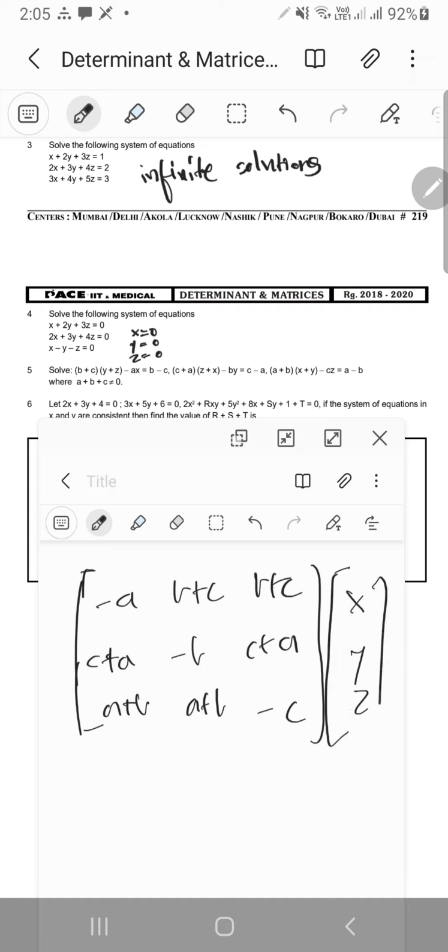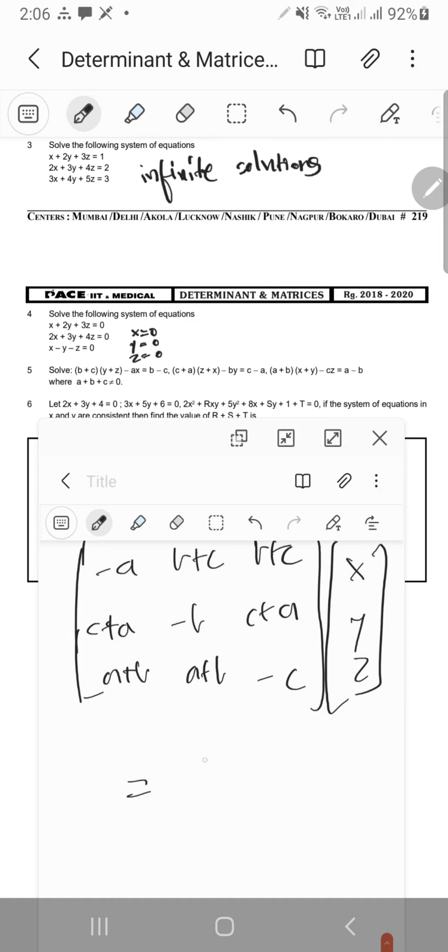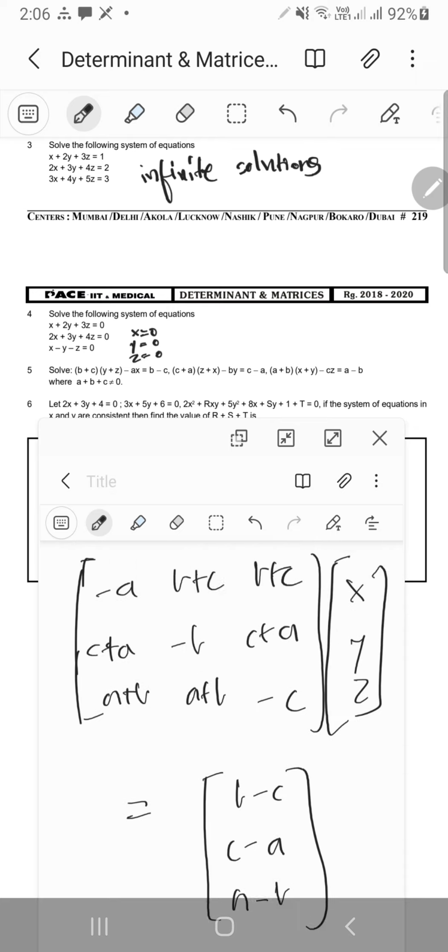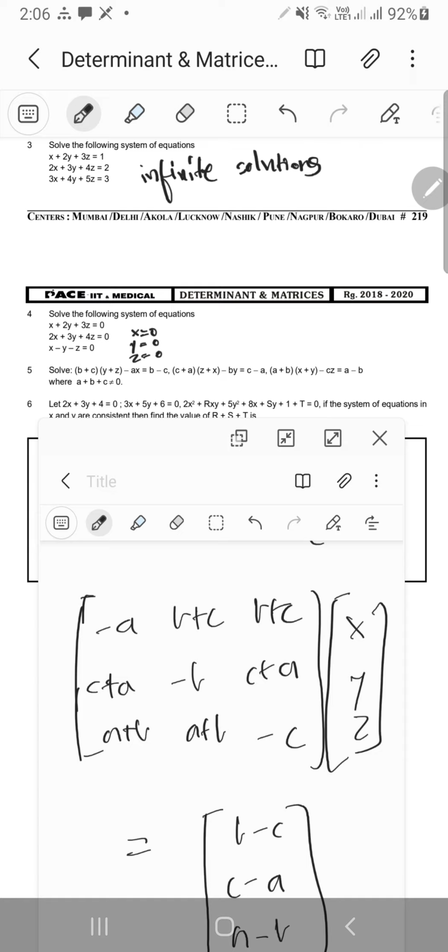What do you have over there? First thing b minus c, next you have c minus a, and then finally you have a minus b. This is bad. This is really bad. How can we make something out of this equation?